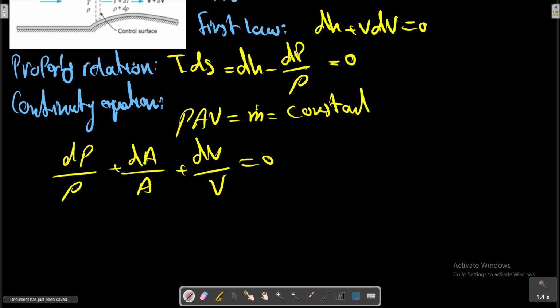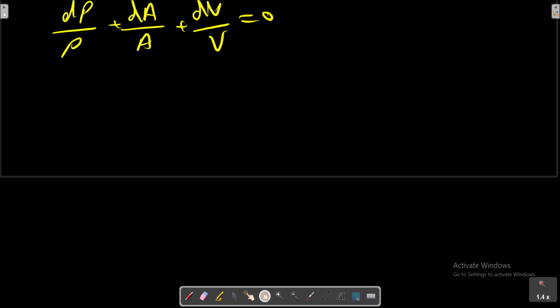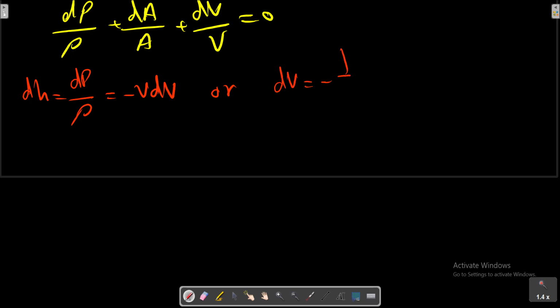Combining these equations, we can obtain the relation dh, or dV, dP.